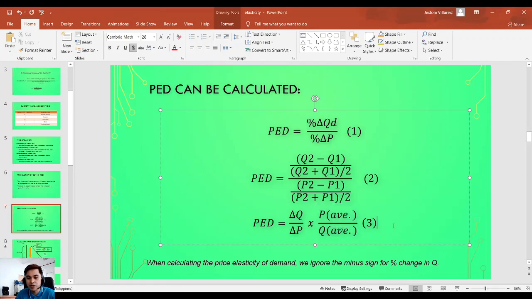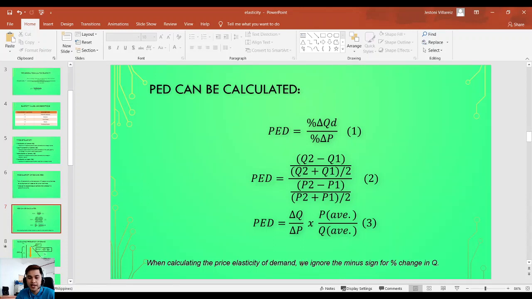Dili na ako ni-compute how it is being derived. Okay, it would take time. But either you use 1, 2, or 3.